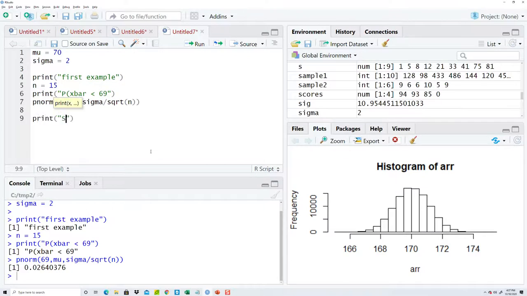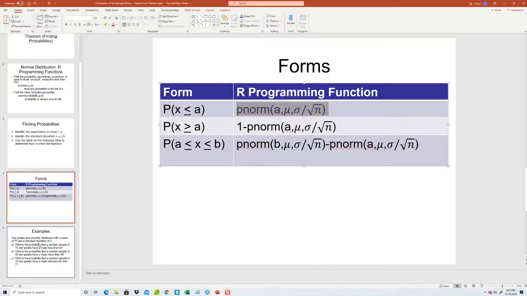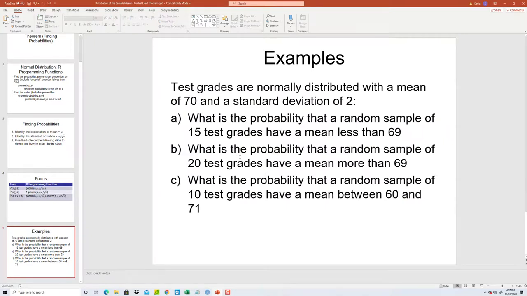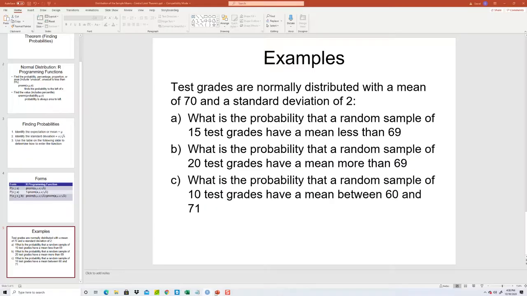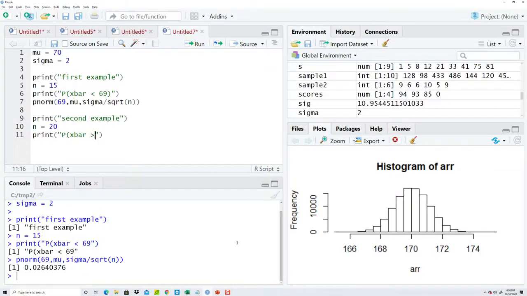Okay, our second example. What is the probability that a random sample of 20 test grades have a mean more than 69? So n would be 20 in this one. And we're finding the probability that our sample mean is greater than 69.